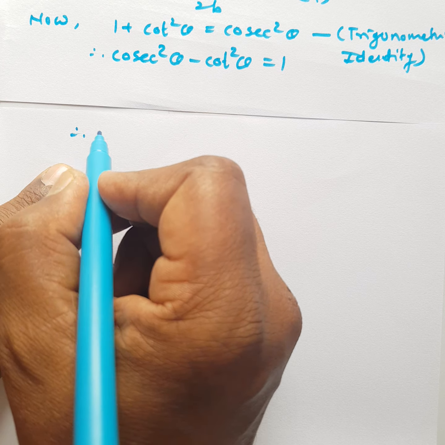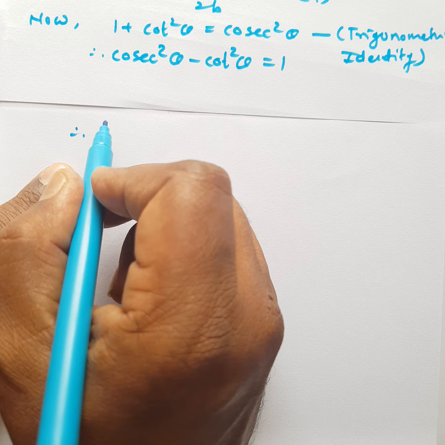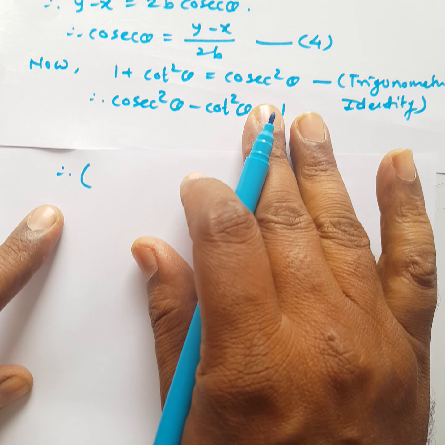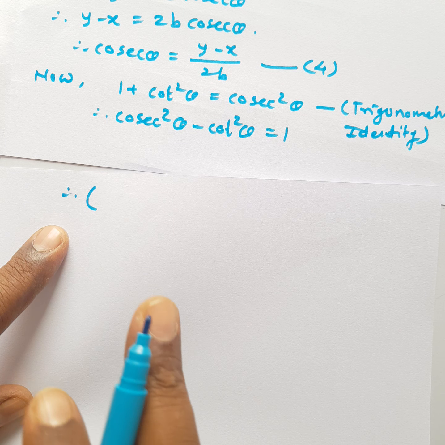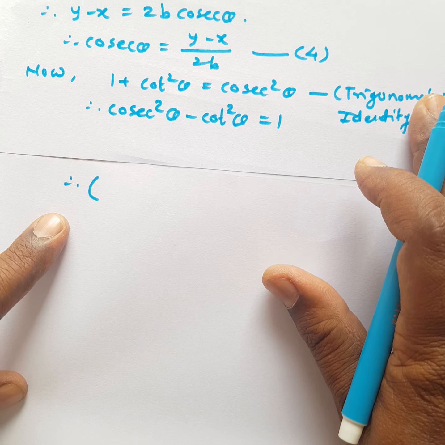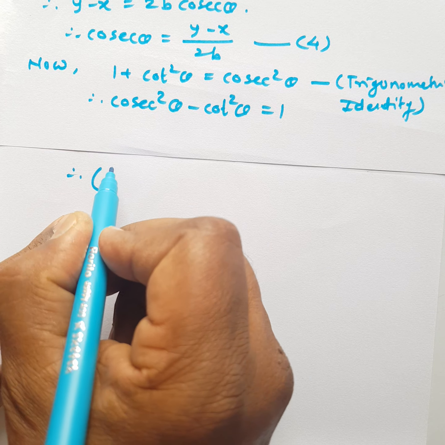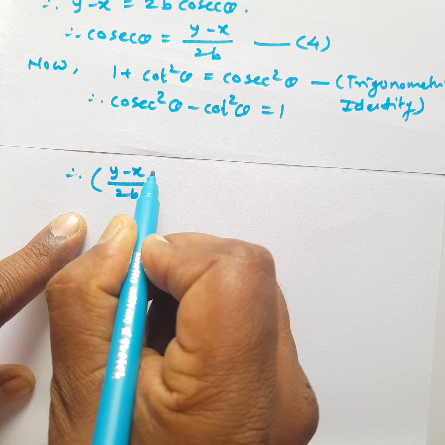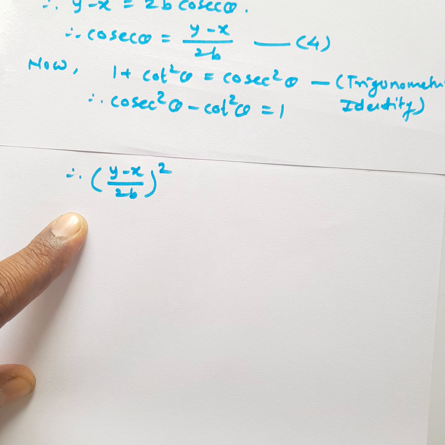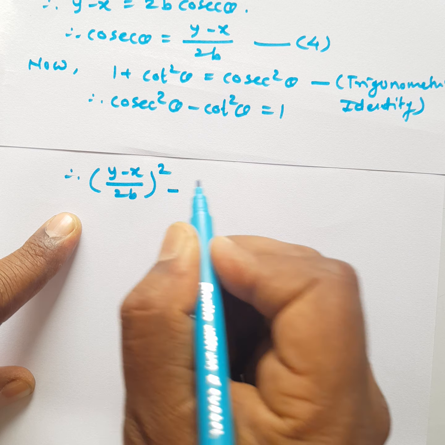Therefore cosec square theta, what is the value of cosec square theta? In equation 4 we got cosec theta is equal to y minus x upon 2b. Therefore cosec square theta will be y minus x upon 2b, bracket square. Minus cot square theta.